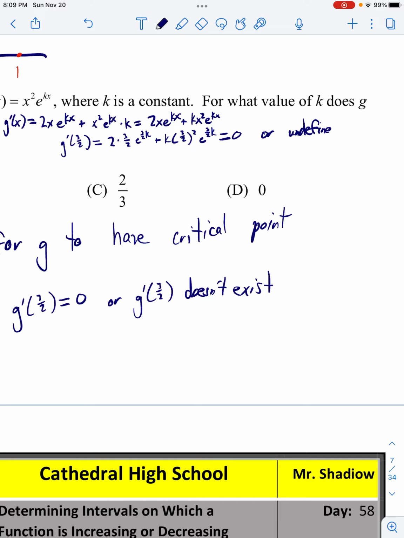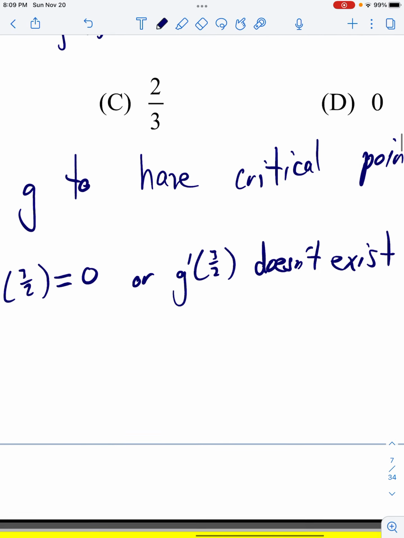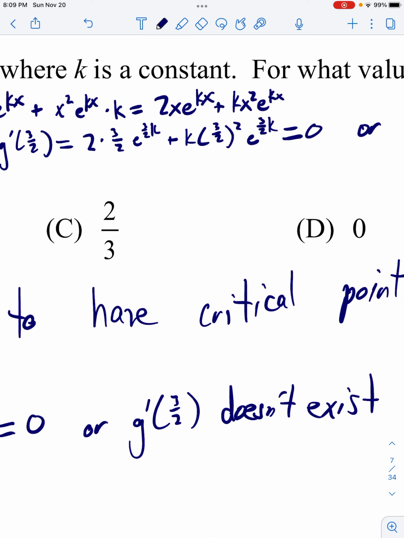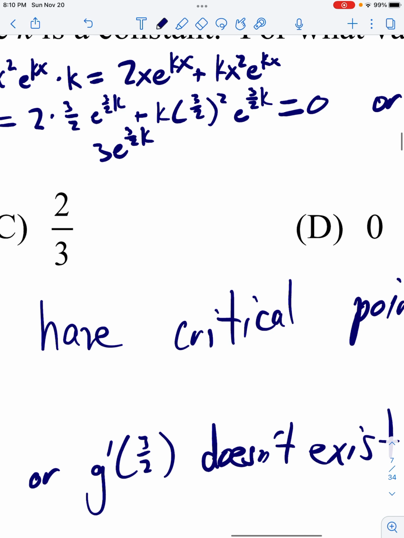Since we're not working with a rational function here, our best bet is it equals 0. Okay. So let's simplify this. This first term becomes 3e to the 3/2 k. The second term becomes 9/4 e to the 3 halves k. Right, we want that to equal 0. So we got to start solving for k here, okay?